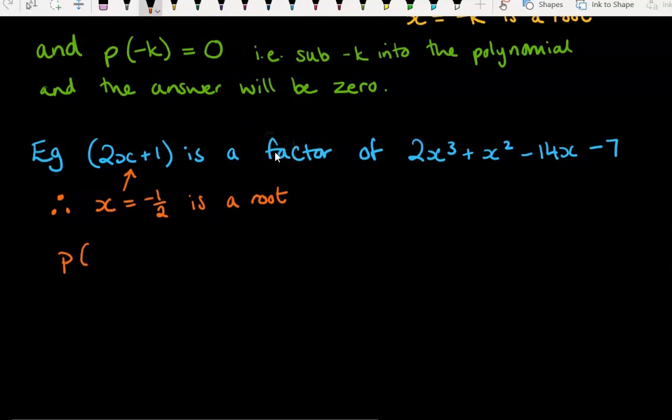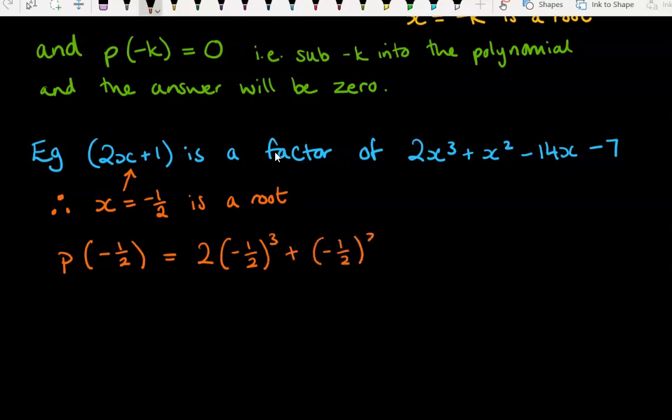So our polynomial we refer to as p of x, and we're going to do it for p of minus a half, which is equal to 2 times minus a half cubed plus minus a half squared minus 14 times minus a half minus 7. We'll work through what that comes to.